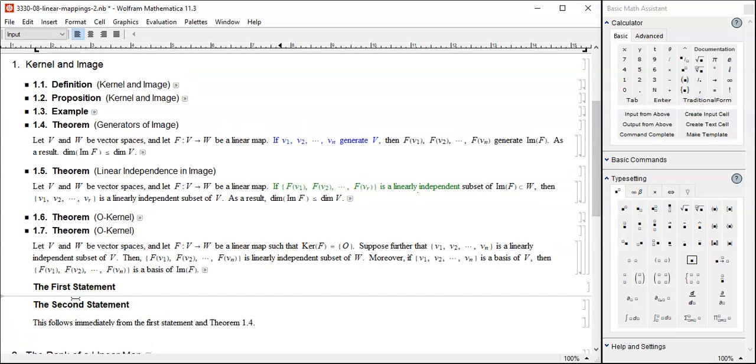So what do we have to do for the first statement? We have to prove that this is linearly independent, right?